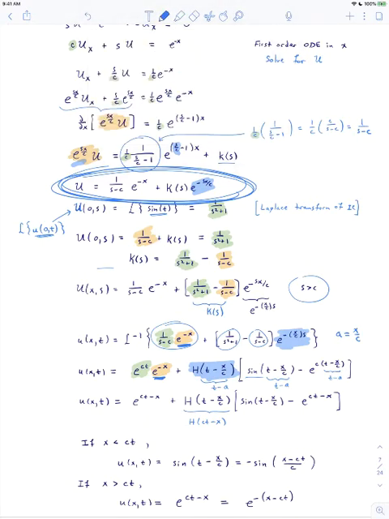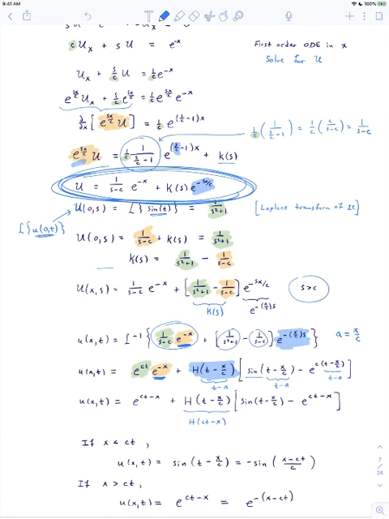Solutions to the advection equation change depending on whether x is less than ct or x is greater than ct. So remember that solutions are these right-traveling waves, and so they behave differently depending on whether you're to the left or the right of the characteristic curves.